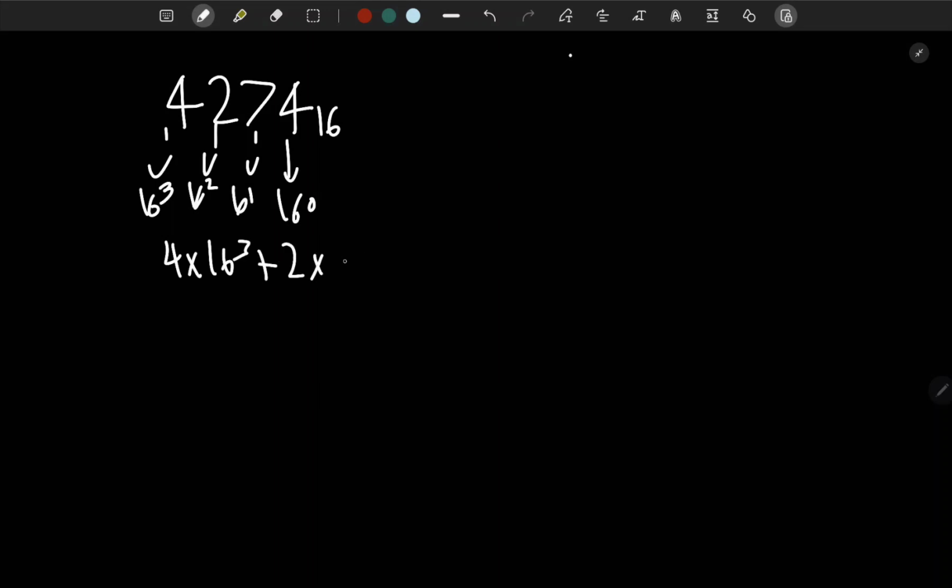So here's our last example, and you can pause the video and try to do this yourself. So let's start again. 16 to the power of 0, 1, 2 and 3. 4 times 16 to the power of 3 plus 2 times 16 to the power of 2 plus 7 times 16 plus 4, and you will get the answer of 17012.